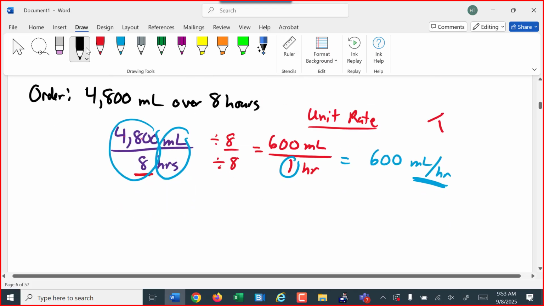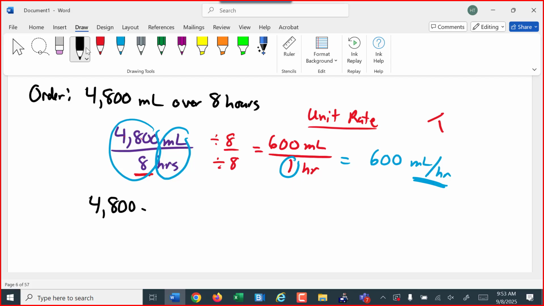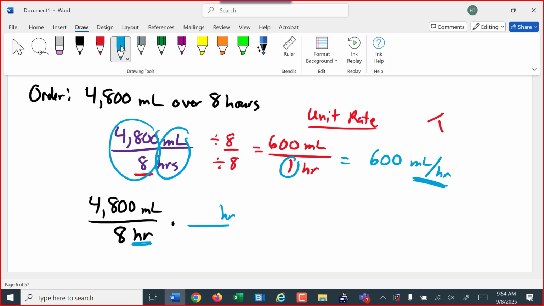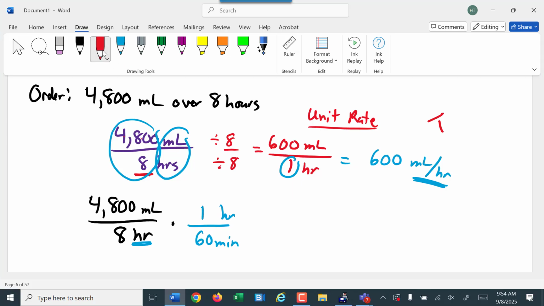What if I wanted that not in milliliters per hour, but milliliters per minute? If I started with my 4,800 milliliters per 8 hours, I could use dimensional analysis to get rid of hours. Hours are on bottom, so to cancel it out, we have to put hours on top. And 1 hour is equivalent to 60 minutes. So now the hours will cancel out.